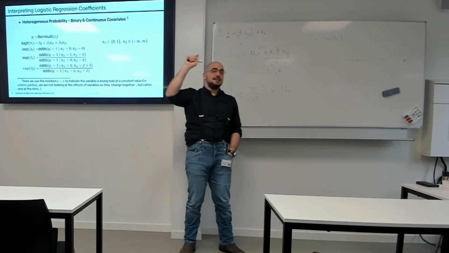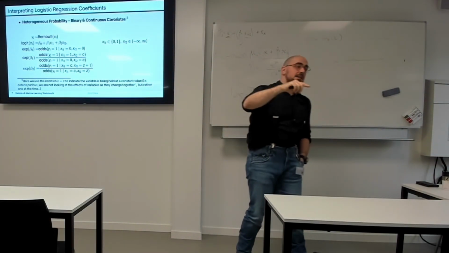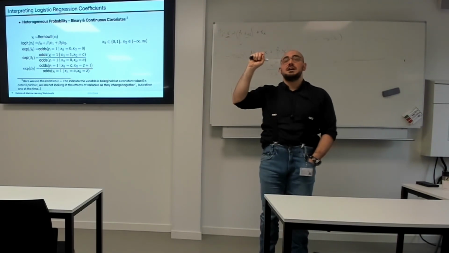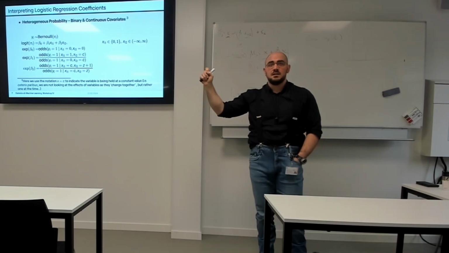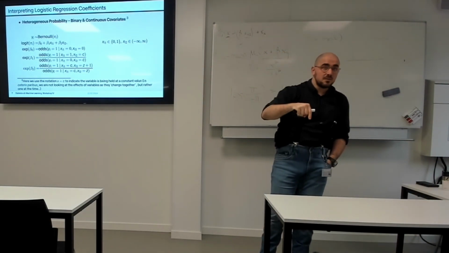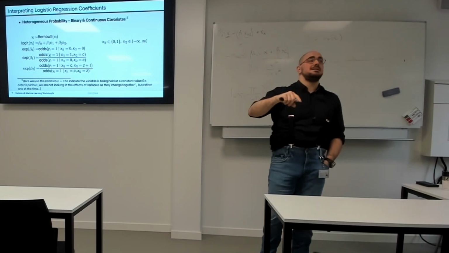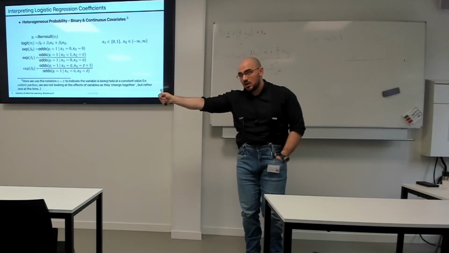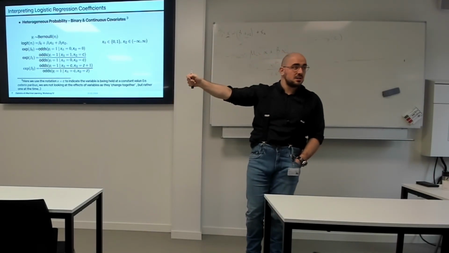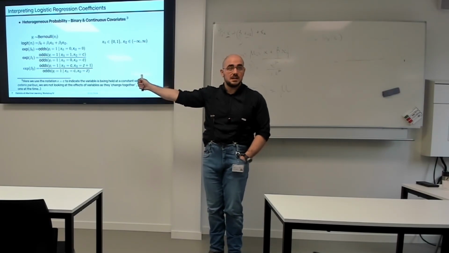And the exp of a continuous covariate's coefficient is the odds ratio of the outcome for one extra unit increase in that continuous covariate. And these are not additive, they're multiplicative. So I start with my baseline odds, which could be 0.9, and then I multiply those by my odds ratio for college education, and then I multiply those by my odds ratio for an additional year of age.